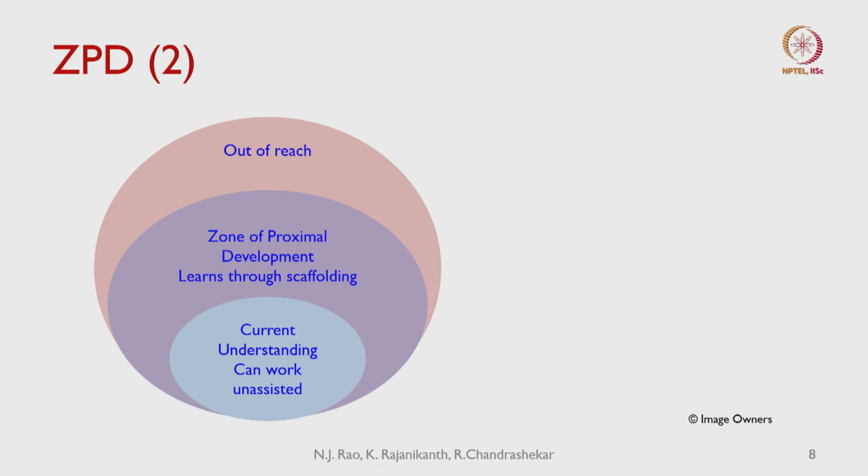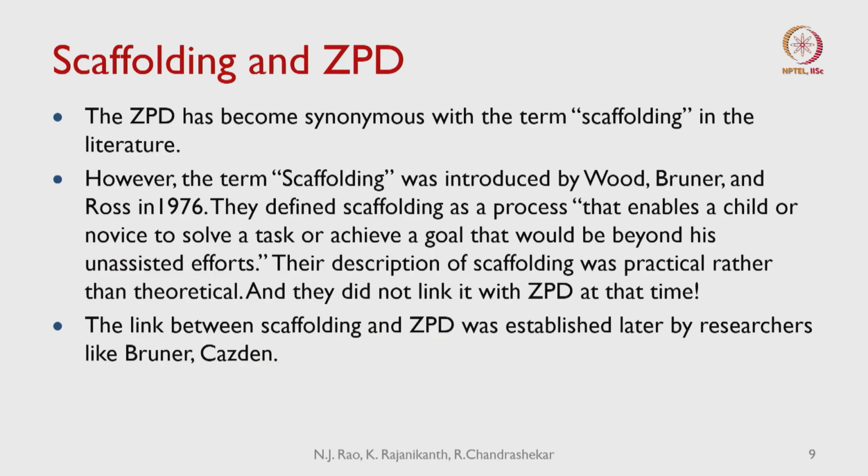In between these two zones, there is a zone of proximal development, where right now the learner is not able to do the tasks in that zone, but with appropriate support, the learner can acquire those competencies. So, in this area, through scaffolding, the learner can obtain the intended expertise. So, ZPD is that zone of proximal development.